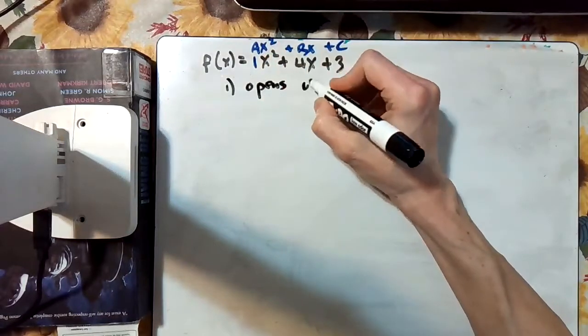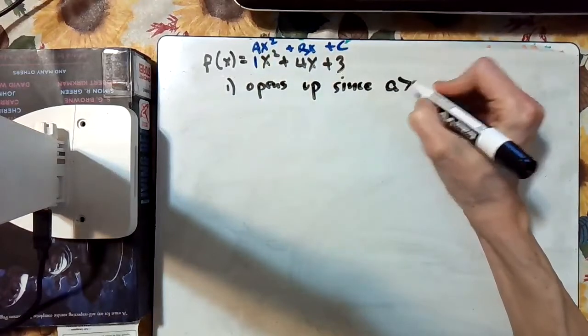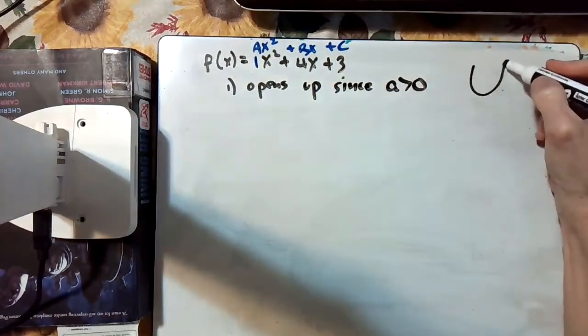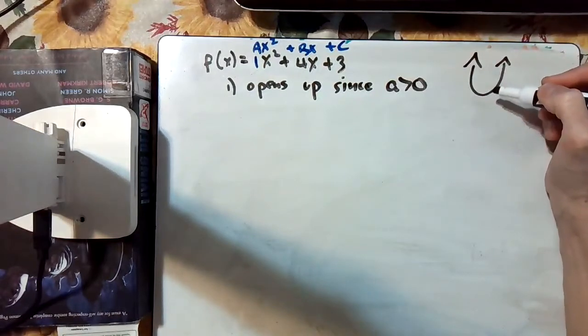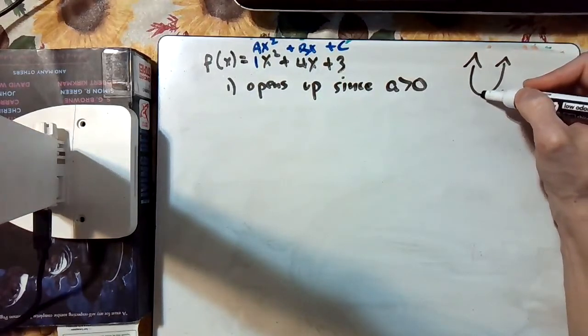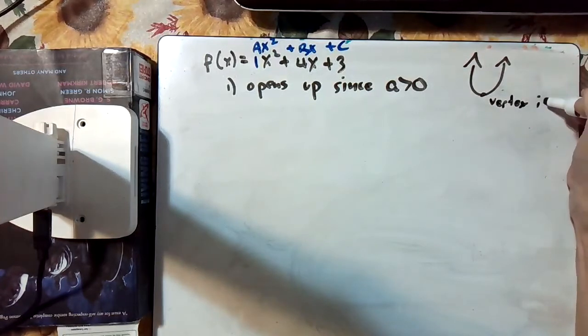Opens up since a is greater than 0. So we know it's going to be doing something like this, right? So that means your vertex would automatically be a min, right? We already know that right there without even doing anything to the problem. Vertex is a min, or is the minimum point.